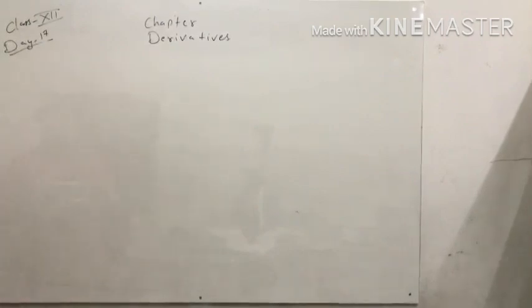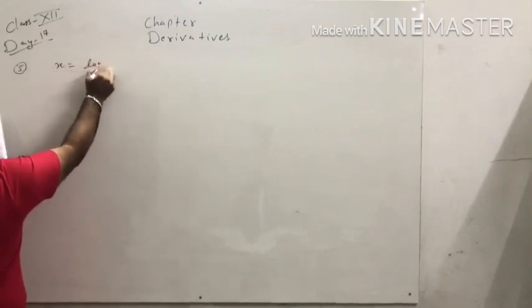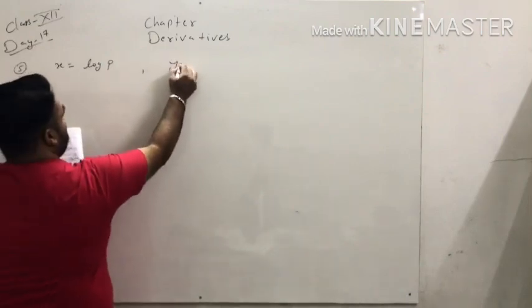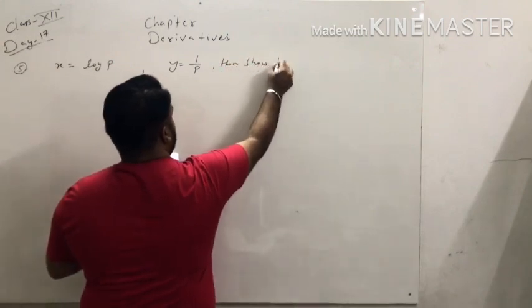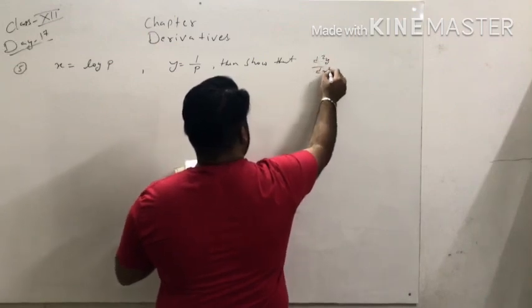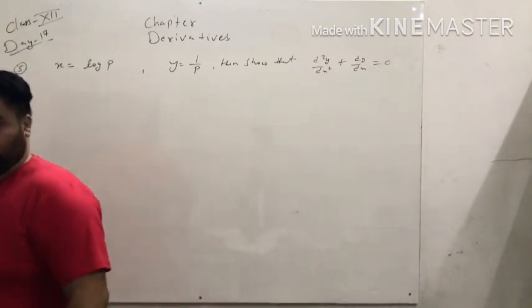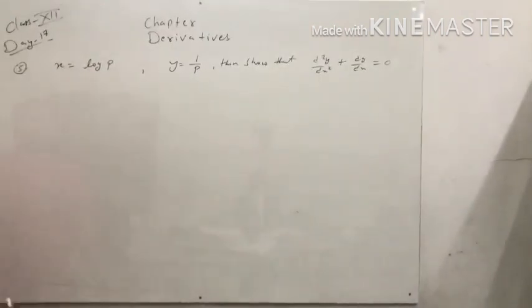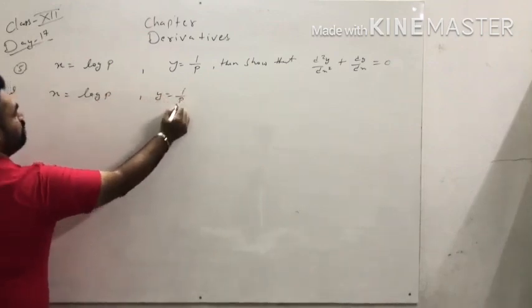The fifth question is x equals to log p, y equals to 1 upon p, then show that d square y upon dx square plus dy/dx equals to 0. So the question is x equals to log p, y equals to 1 upon p.